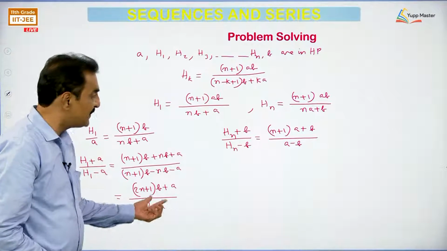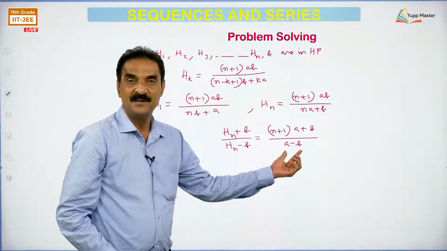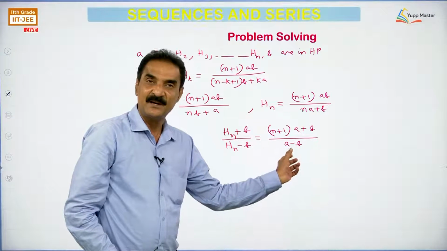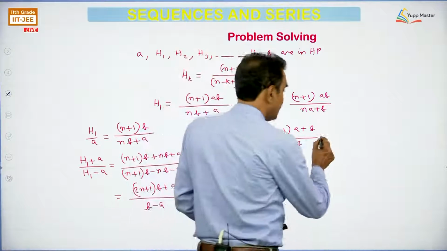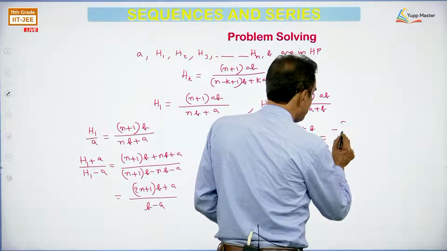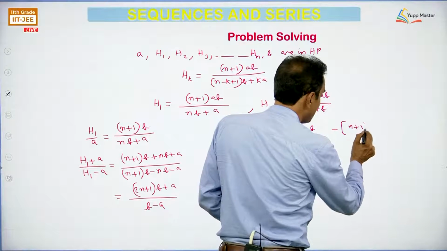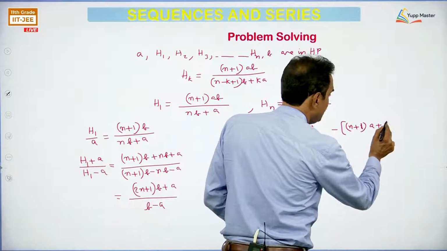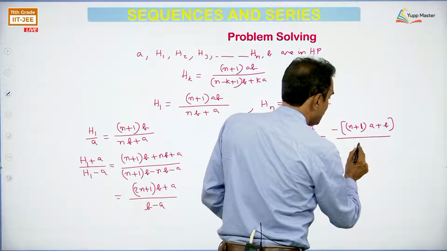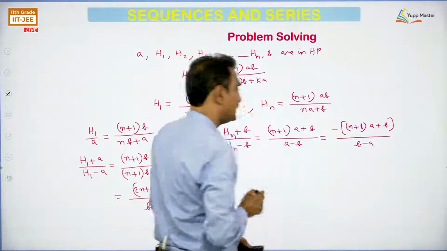This denominator is B minus A, this denominator is A minus B. So let us write this denominator as B minus A, taking the minus sign in the numerator: minus of 2n plus 1 into A plus B by B minus A.